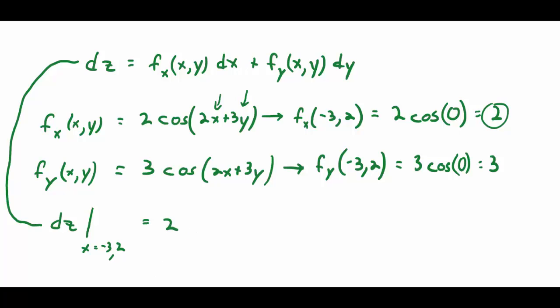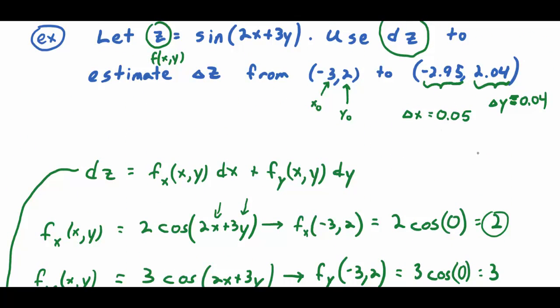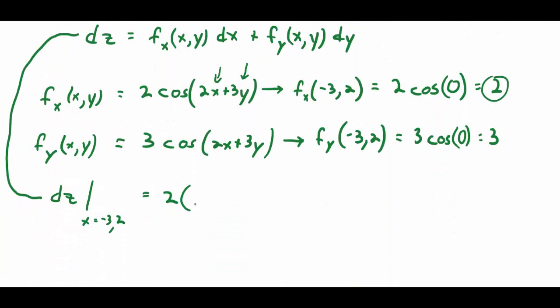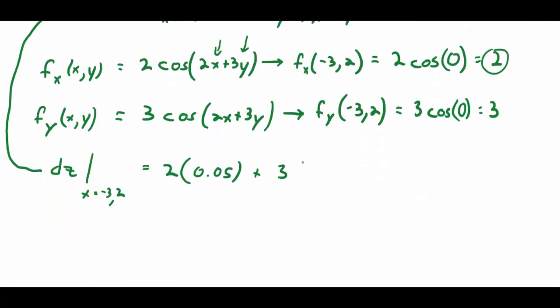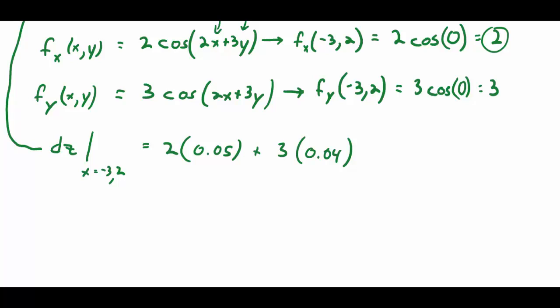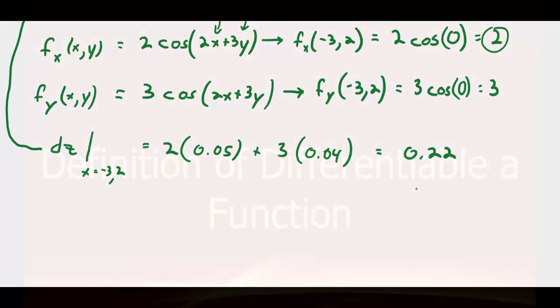And then dx is, what's dx? 0.05. So 2 times 0.05 plus the partial with respect to y evaluated at negative 3, 2, which is 3 times dy, which is 0.04. So there you go, Scott. I think that's what you were wanting to do, right? Yeah. And then when you do that, I think you get 0.22 when you evaluate that. And that's what you were after. Okay, that's all you were asked to find. So you're estimating delta z.